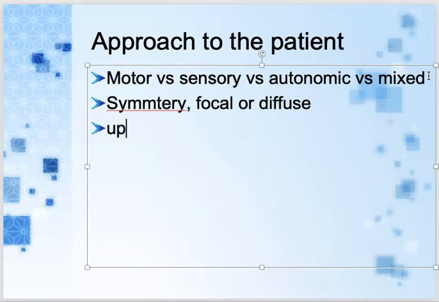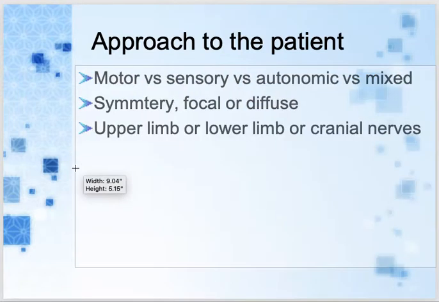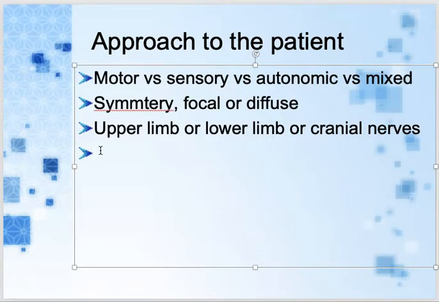Then whether the upper limb is the one which is involved or the lower limb, or cranial nerves. Other than that, when taking history or examination, you have to see whether it's an acute type of condition or a chronic type of condition.